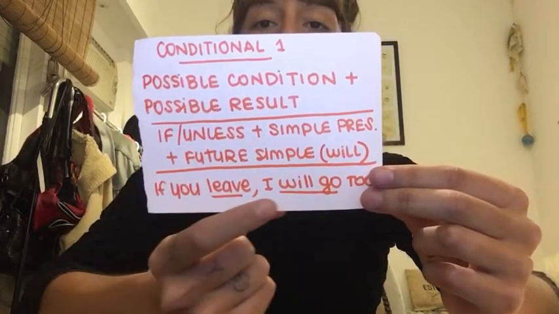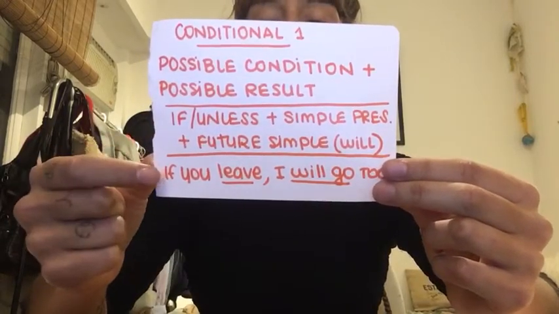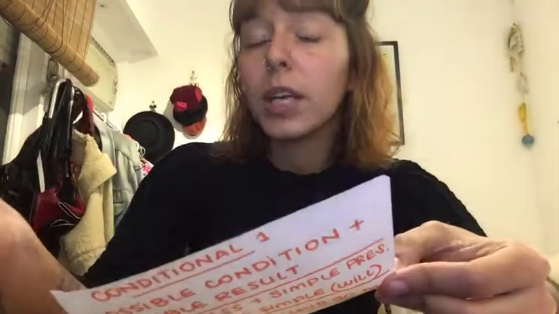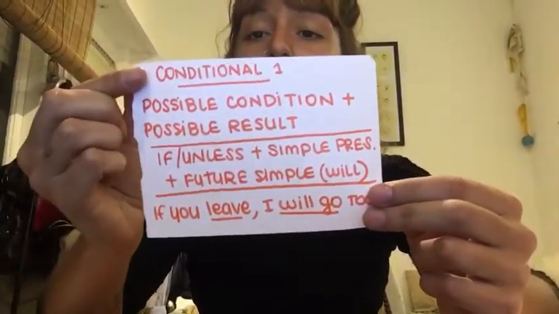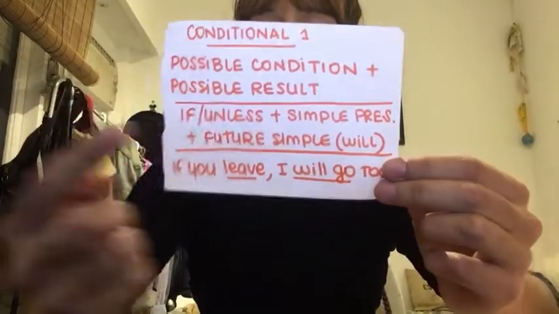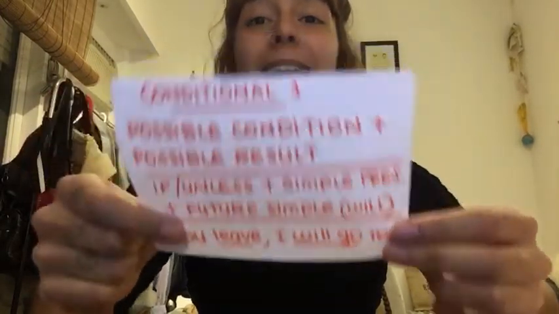So the two parts of the sentence can be connected by a comma or by if. De la forma que ustedes quieran. Las pueden hacer de una manera o de la otra. The important thing about conditional one is to understand that we use the present and the future because this situation is very possible. Now let's take a look at unless.